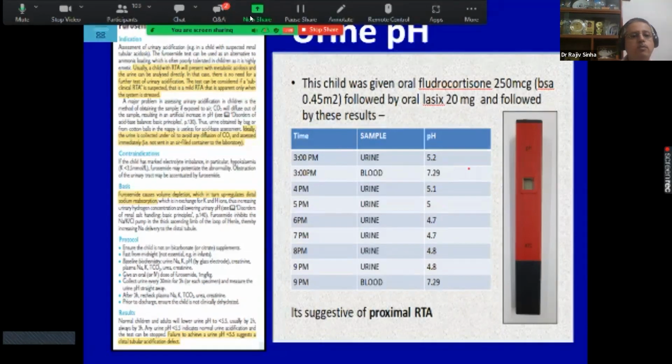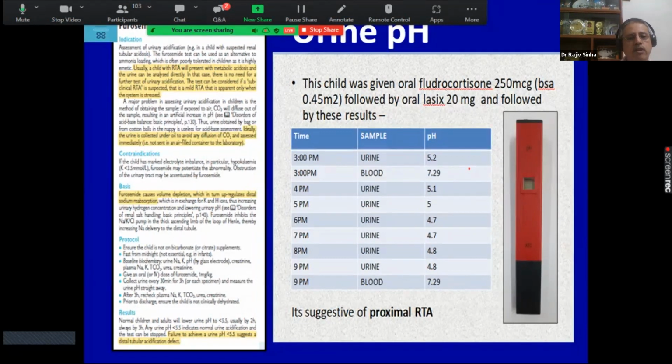Rarely we do have to do something called a furosemide acidification test, but most of the time you don't really require furosemide acidification. You can straight away go for your urine pH, and if your urine pH is below 5.5 in presence of acidosis, then you are more or less sure that you are dealing with proximal RTA.